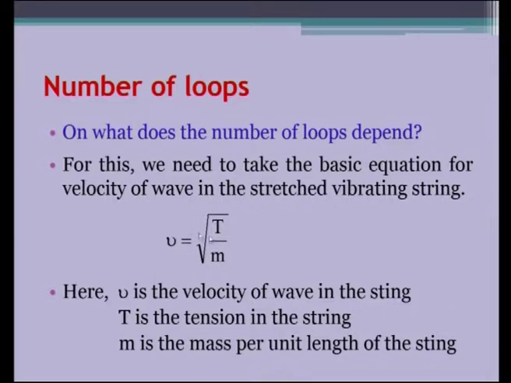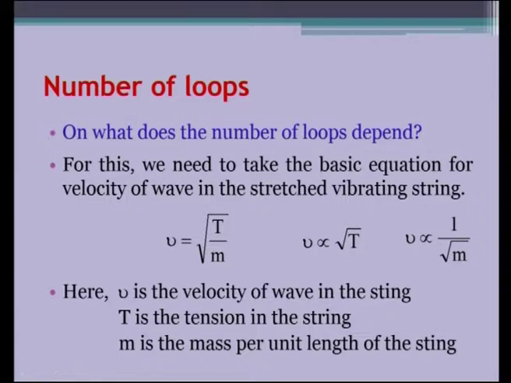So, this is a known equation for us. And what is the inference we get from this? There are two other relations we should keep in mind. The velocity is proportional to the square root of the tension in the string, and also the velocity is inversely proportional to the square root of the mass per unit length of the string.